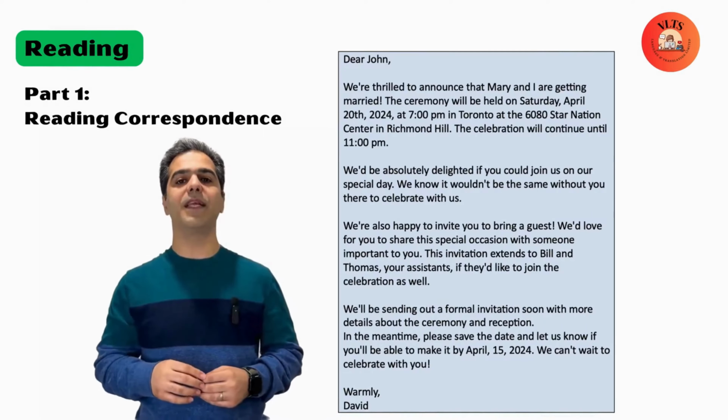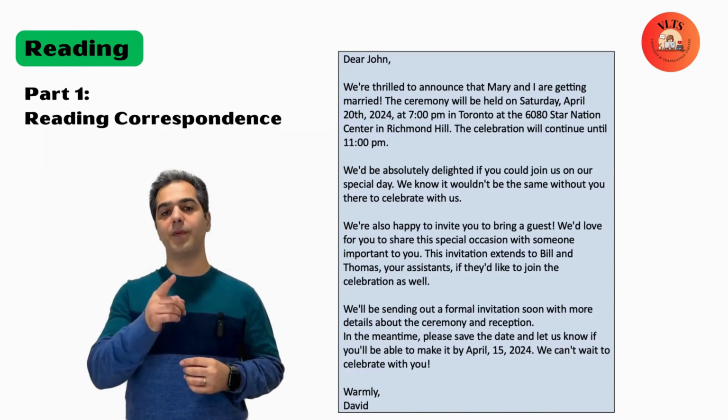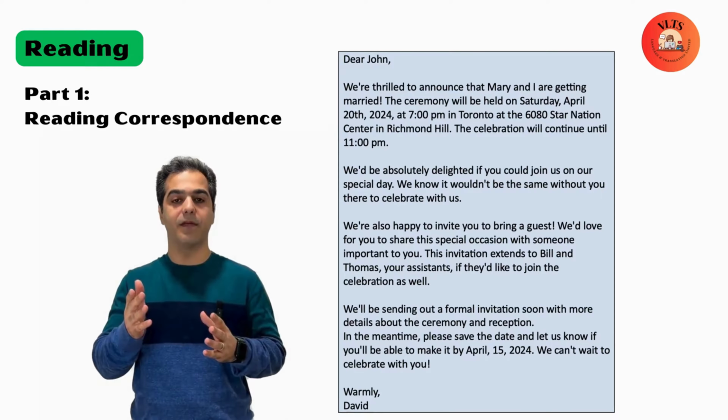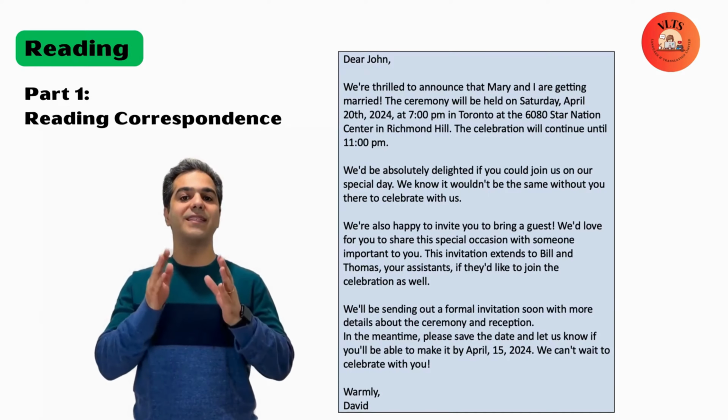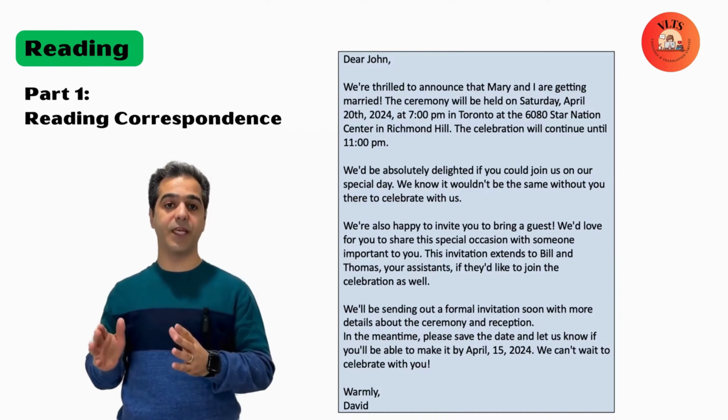Part 1, Reading Correspondence. In part 1 of the CELPIP reading, you will be presented a letter or similar communication like an email. Your task is to carefully read this email or letter to understand the content of this communication. Afterwards, you will be tested on your understanding through a series of questions related to the content of the same communication.